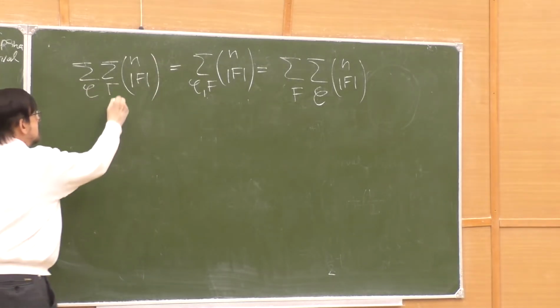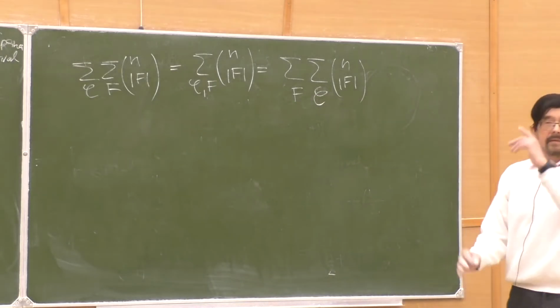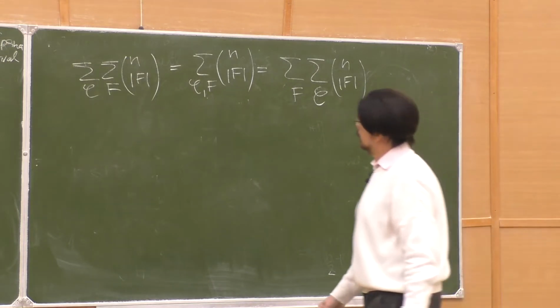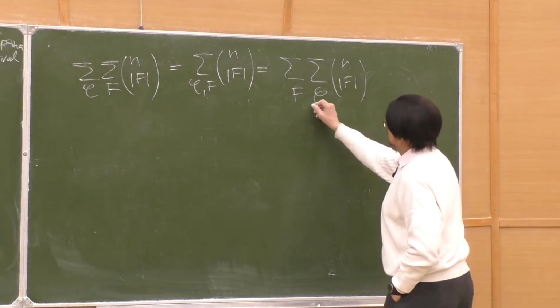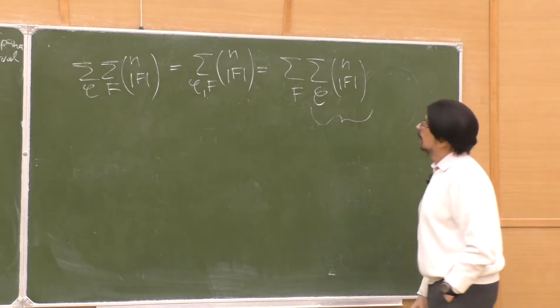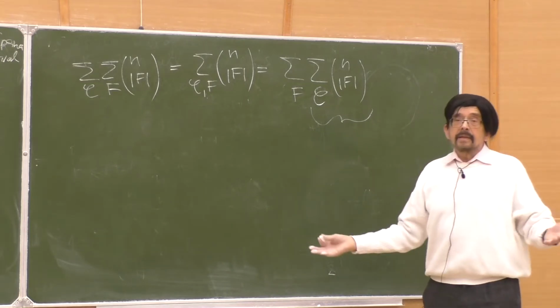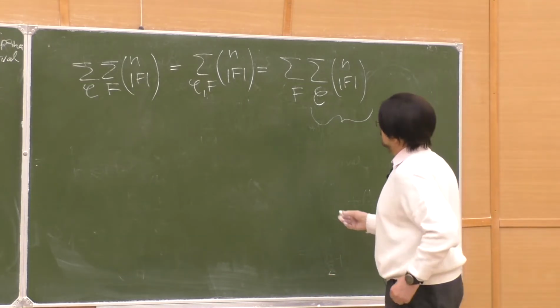So in this case, the double counting means that we take two different orders of the summation. C is fixed.